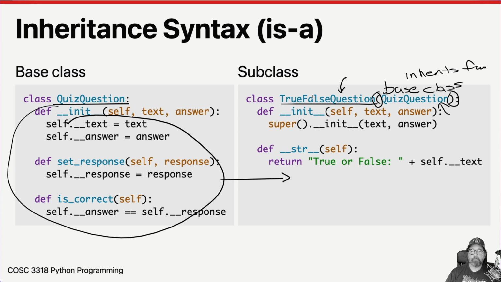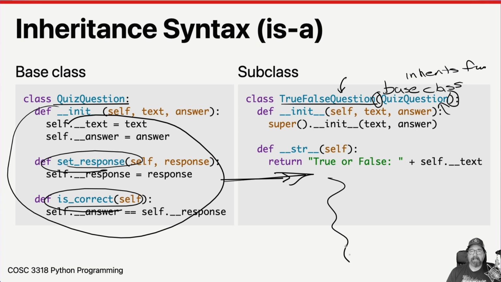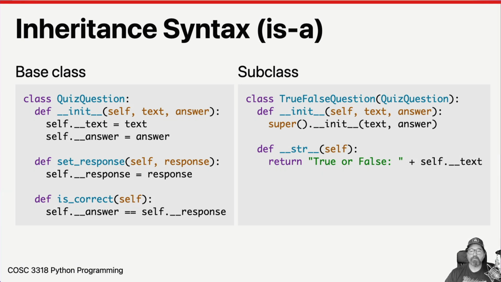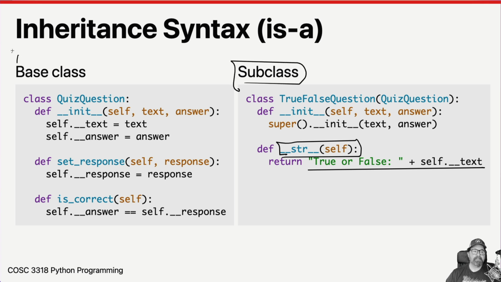So true-false question has a text and an answer and a set response method and an is correct method. All of that, it's like it gets copied over here and it fills out this class with a whole bunch of extra stuff. And then the stuff that's unique to it, like the string representation of it, that's the special sauce for this subclass, okay? So this is known as a parent class or a base class.